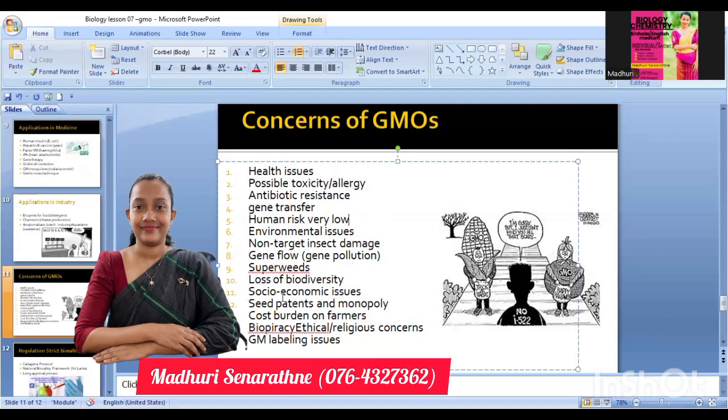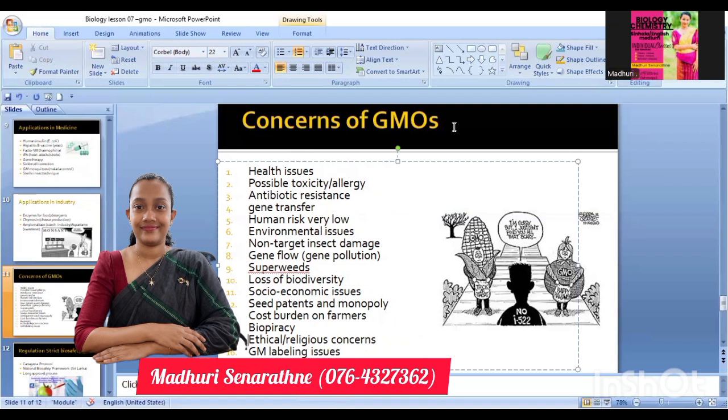Then socio-economic issues: seed patents and monopoly, cost burden on farmers, then ethical or religious concerns, GM labeling issues. Those are the concerns of GMOs.